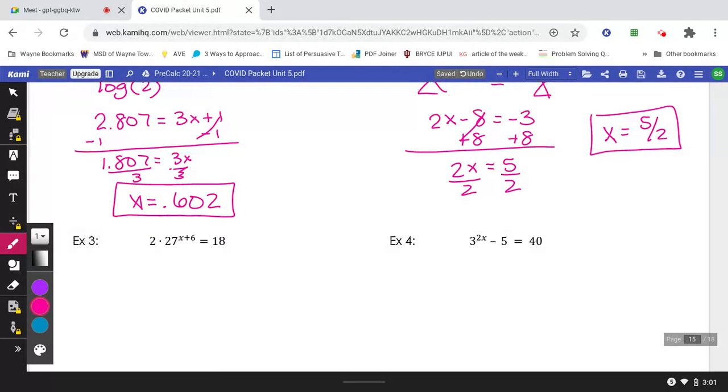All right, for example number 3, I've got this 2 in front first. You cannot multiply 2 times 27 because 27 has the exponent. So you cannot multiply those two numbers together. What you can do is divide out the 2 from both sides to cancel that out.